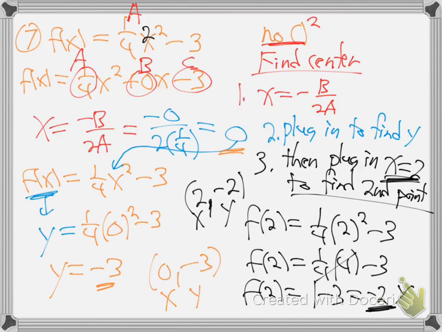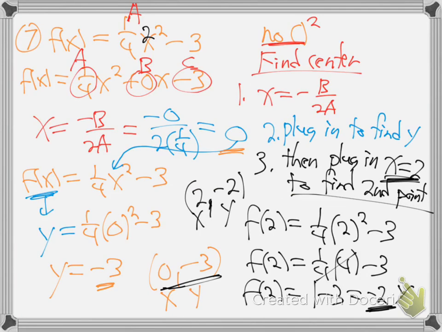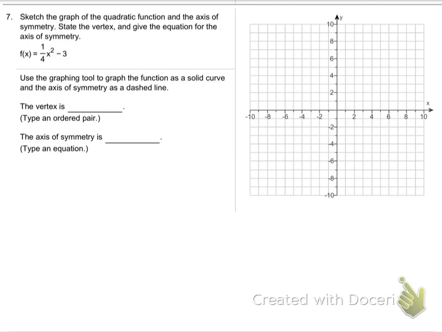Let's go to the graph. What's the center? 0, negative 3. So over 0, down 3, right there. And the second point? When I plugged in x equals 2, I got out negative 2. So over 2, down 2, right there. That's how we do our second point. Connect the dots. We've got a U shape. What else do they want from us? They want the vertex.